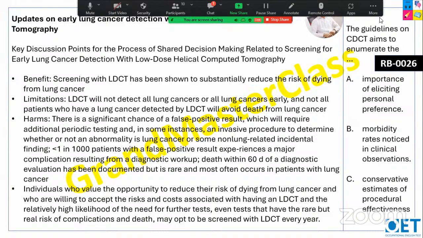Yes, only one answer so far. Okay, take your time, no problem. Study. Answer. Submit the answer, please.